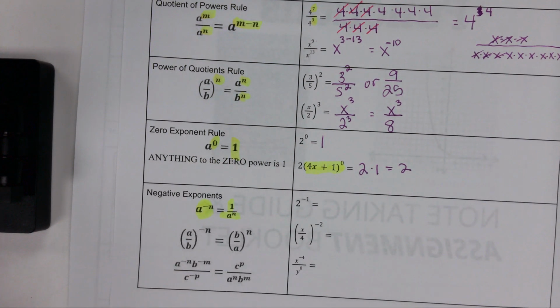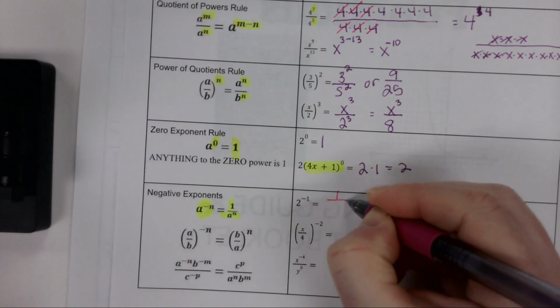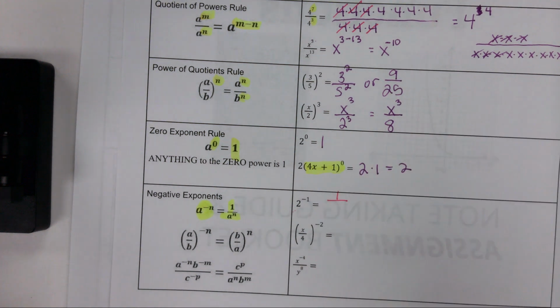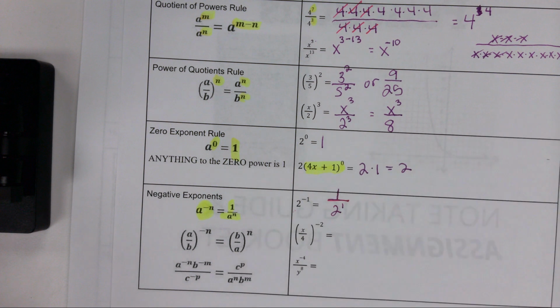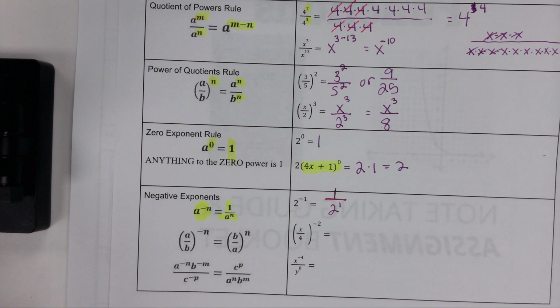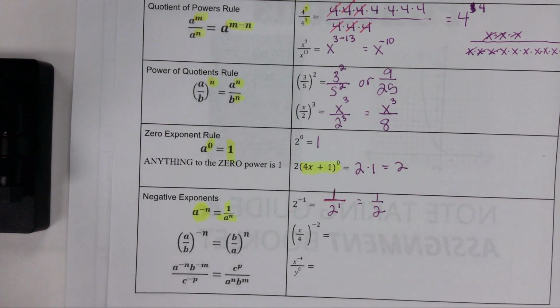So for instance, if I saw 2 to the negative first, that's the same as 1 over 2 to the first, or 1/2.